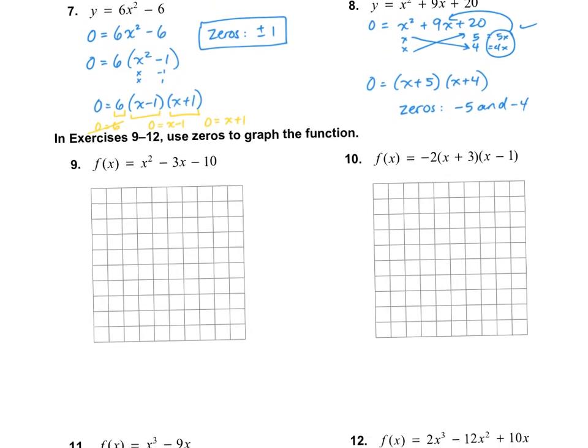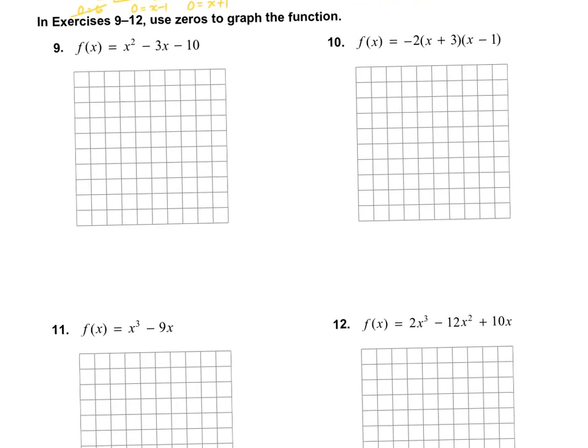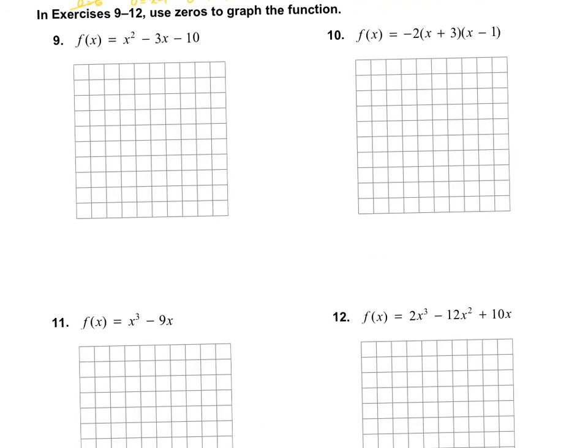For the last 4 problems, we're going to use the zeros to graph the function. So on number 9, we need to actually factor it like we did on numbers 7 and 8. So let's first do that. Okay, so here I have x minus 5, x plus 2 in the factored form. So that means that my zeros are going to be +5 and -2. My axis of symmetry is halfway in between, so 5 plus a negative 2 divided by 2, which gives us 1.5.